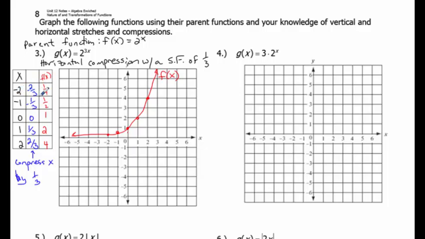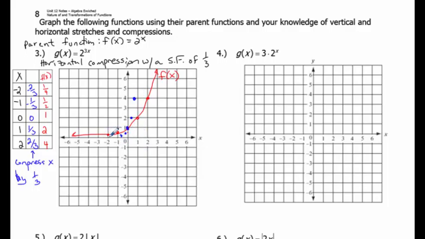We have the -2/3, 1/4. Kind of hard to put that on the graph, but -1/3, 1/2. 0, 1. 1/3, 2. And 2/3, 4.